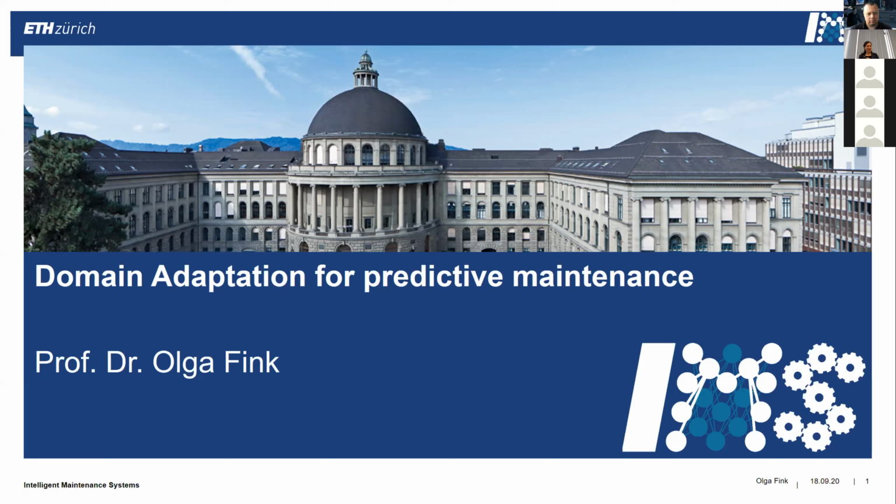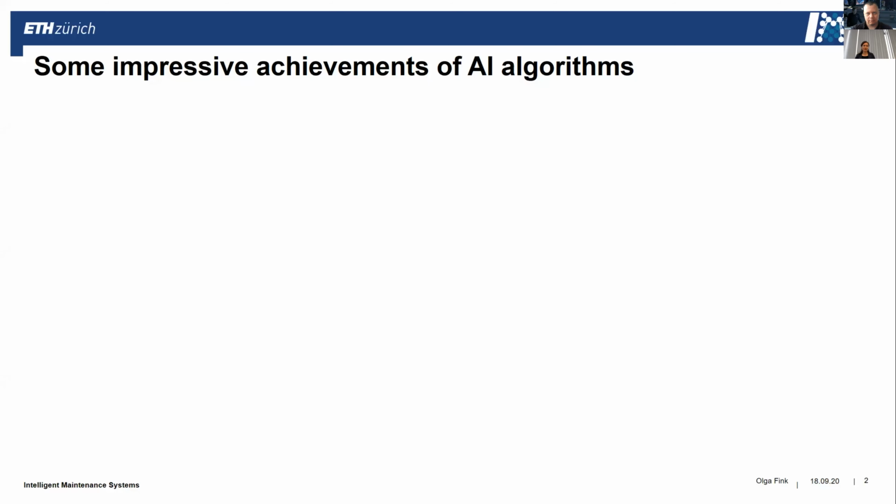So a lot of the things that I was planning to cover are the achievements that machine learning and artificial intelligence algorithms have shown in recent times. Just at the beginning of 2020, Google announced that its algorithm was beating domain experts in detecting breast cancer in mammography images.